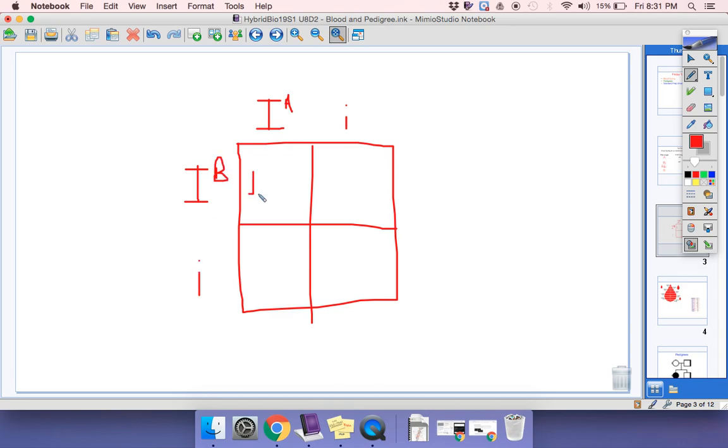And when you fill out the square, you find that they will get one child that has the codominance of AB, one child that has B blood, one child that has A blood, and one child that has O blood.